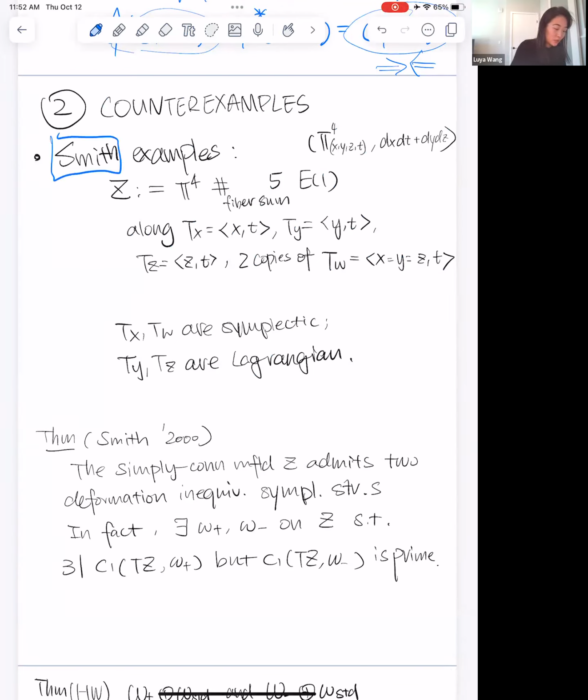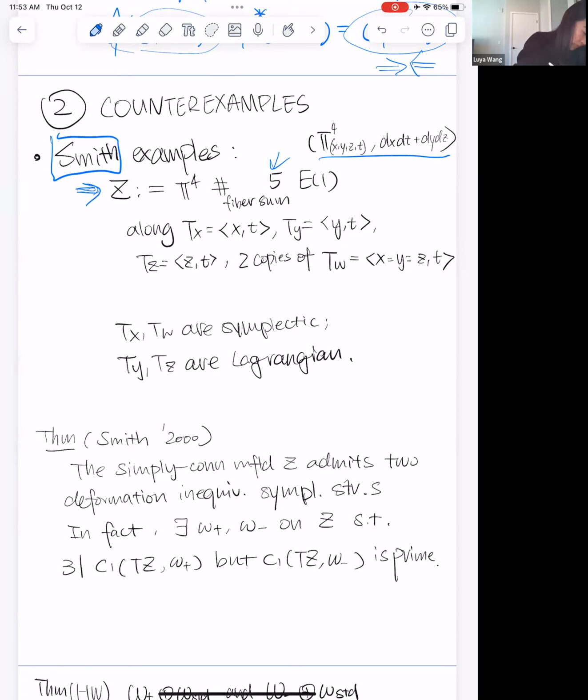He considers a fiber sum of T4 with this symplectic form with 5 copies of E1. This is a specific construction; his construction works for this 5 going to N, and then you have more different symplectic structures, but I'll just focus on this case.